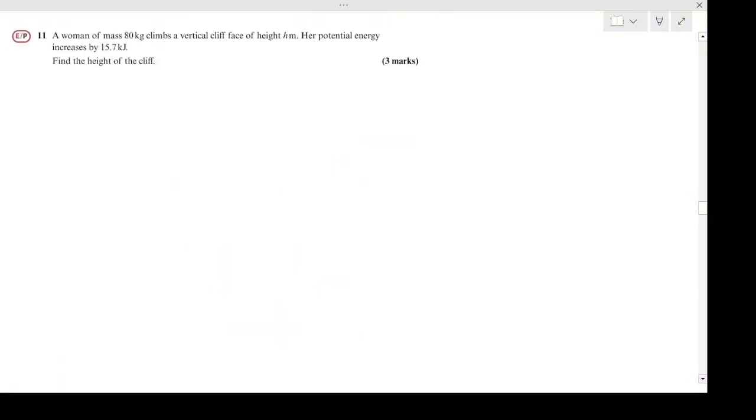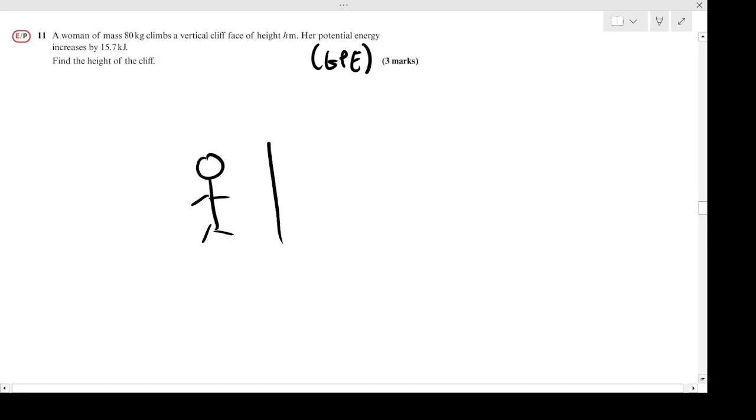Okay, so we've then got this question here, and I'm told a woman of mass 80 kilograms climbs a vertical cliff face of height h. Her gravitational potential energy increases by 15.7 kilojoules. Find the height of the cliff. So what's going on here is we've got a person climbing up a cliff, and the height travelled upwards we just said is h.